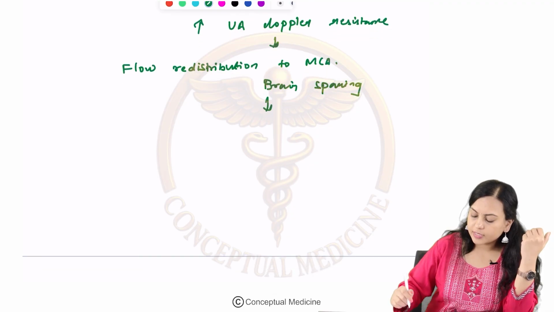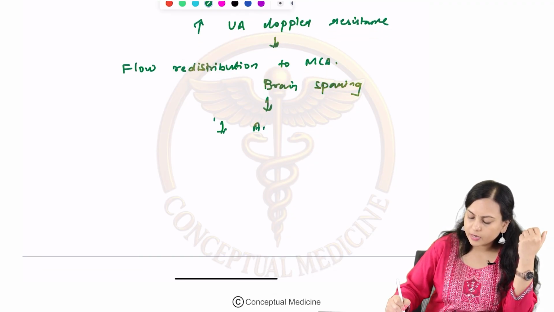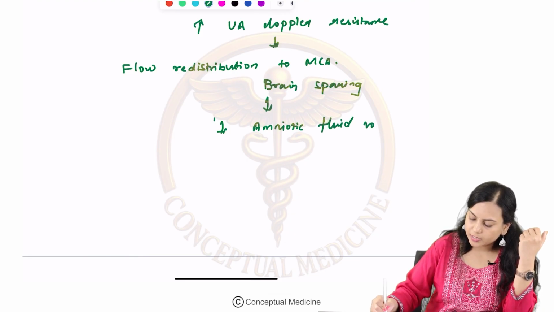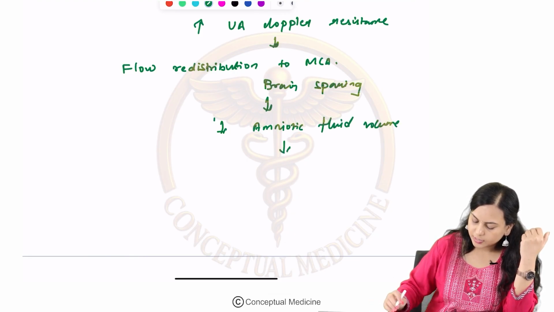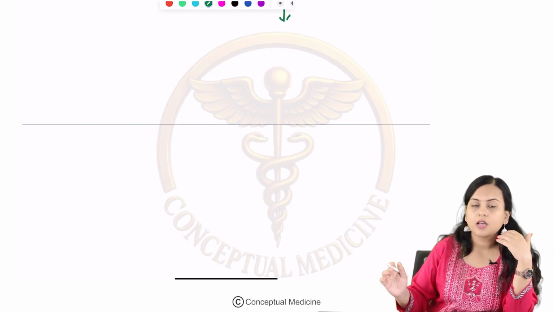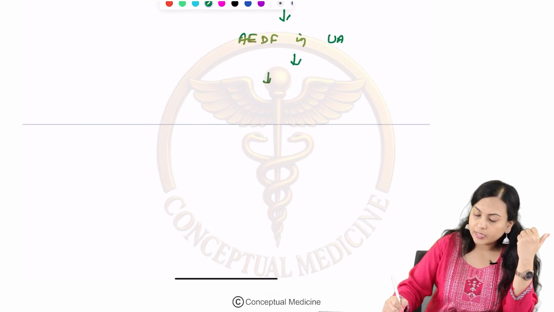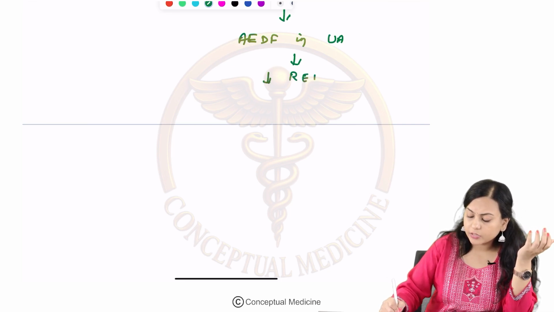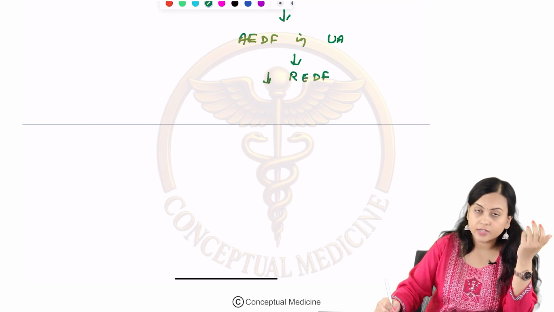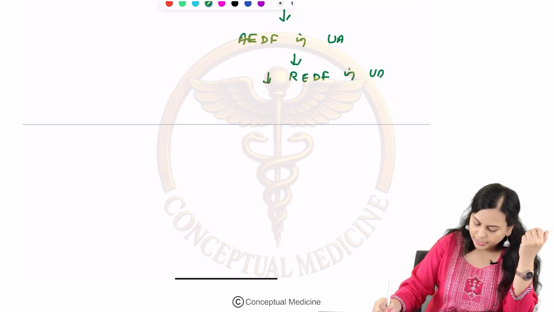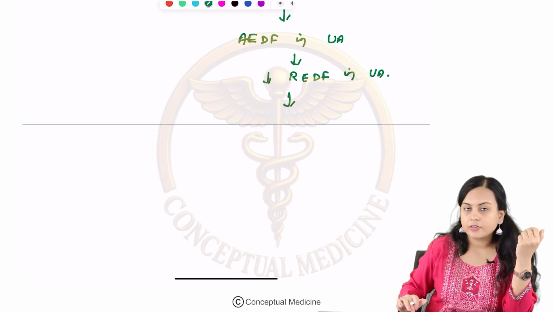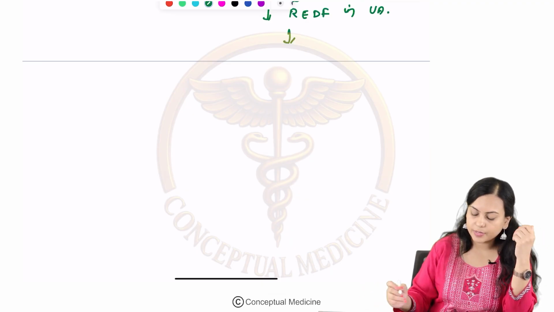That will result in reduced amniotic fluid volume, which can be seen as oligohydramnios, followed by absent end diastolic flow in the umbilical artery, and then changing to reversed end diastolic flow in the umbilical artery, followed by ductus venosus changes.